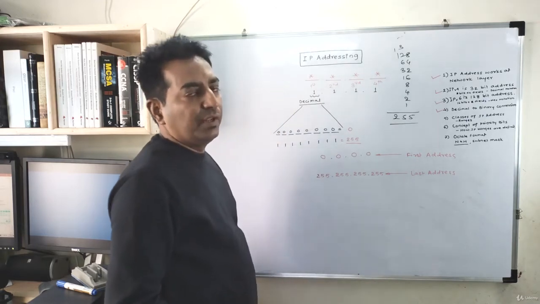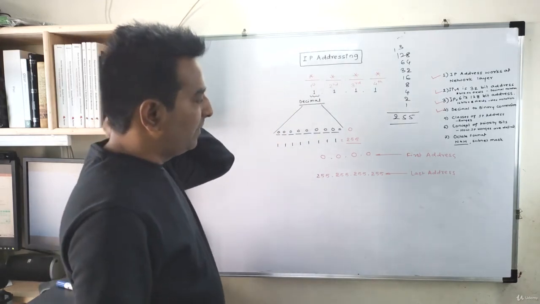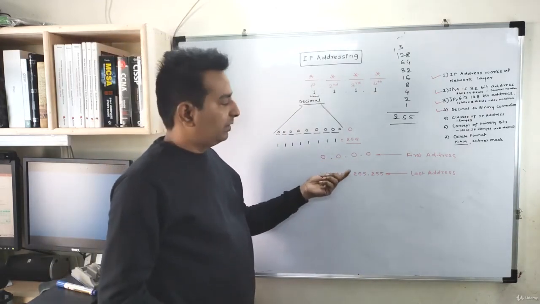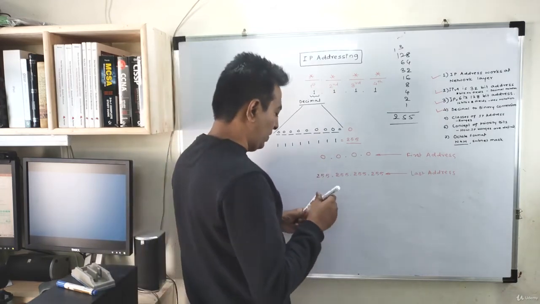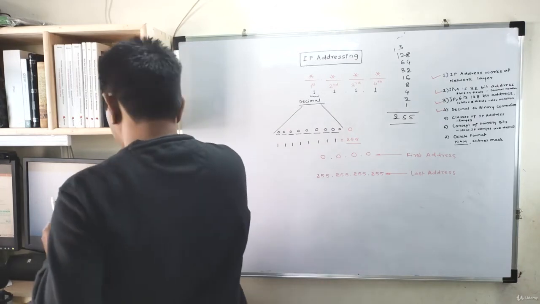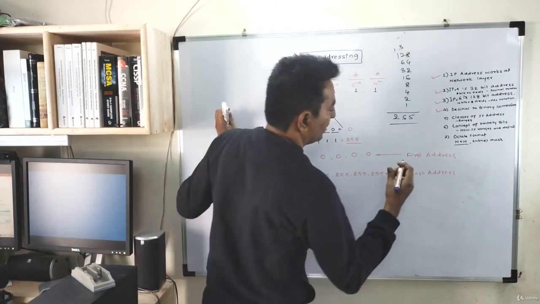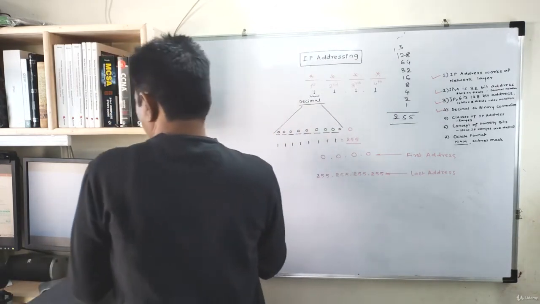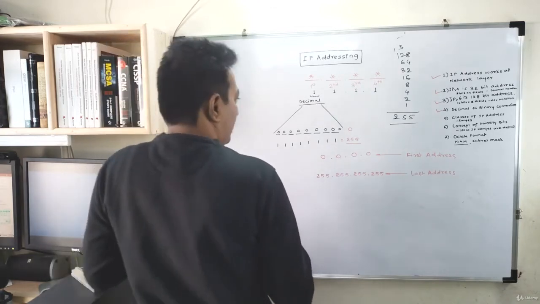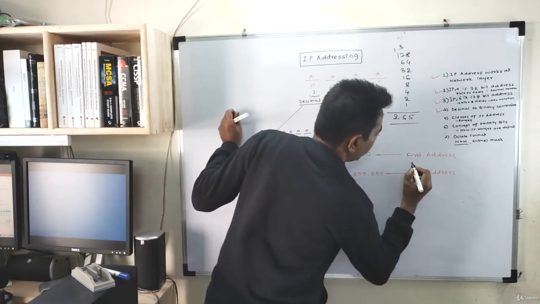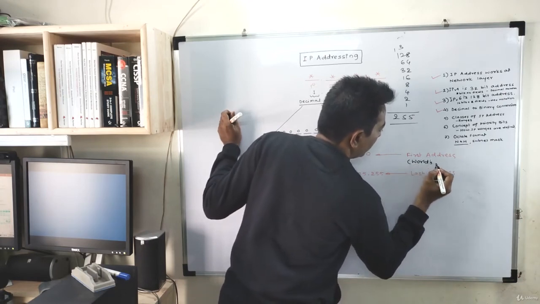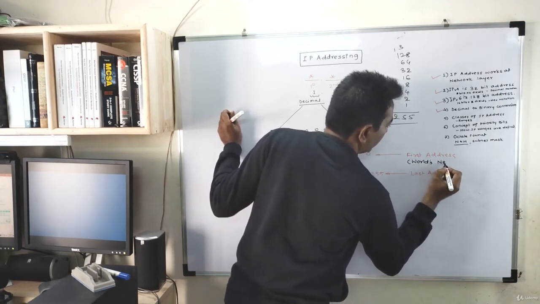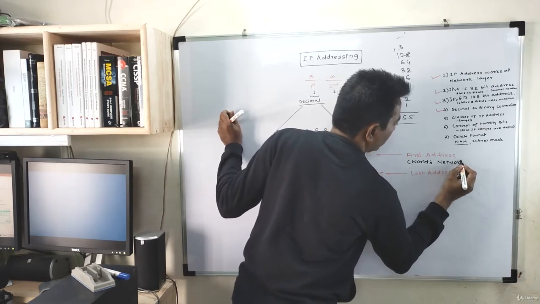Okay, so if you give a netstat command, you will see the first entry as this and the last entry as this. So this is also known as the world's network ID.